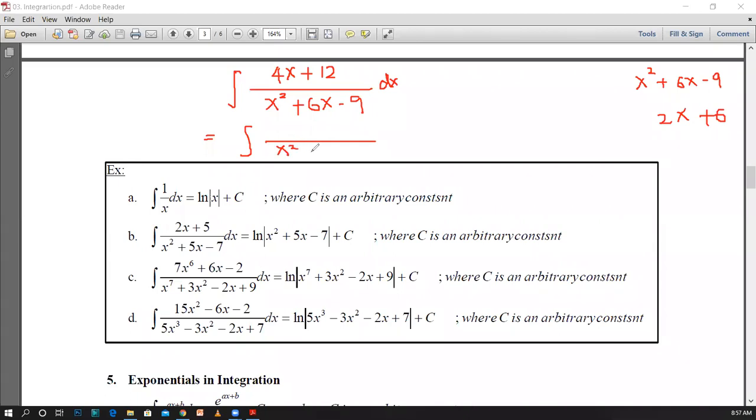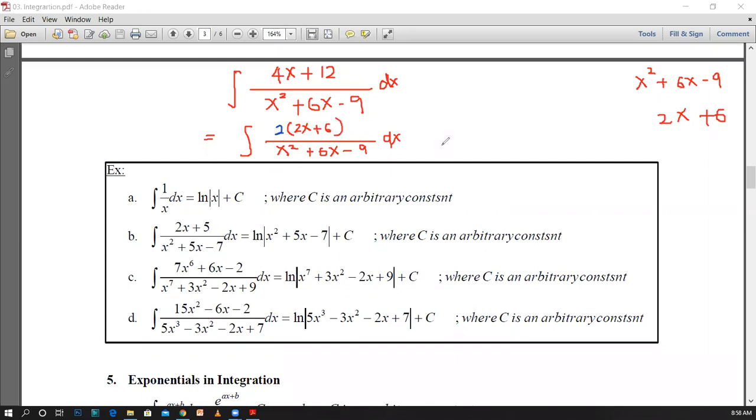Here you will have the denominator x squared plus 6x minus 9, and I need to make 2x plus 6 here. Therefore, if you take 2 out of this 4x plus 12, then the remaining would be 2x plus 6.